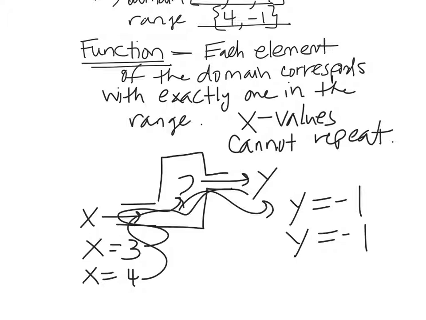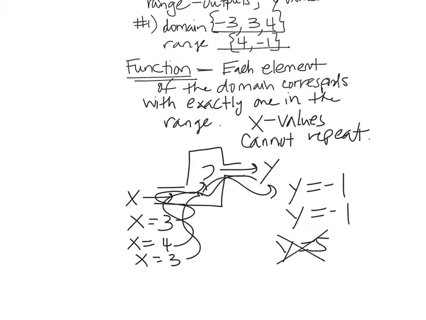But as soon as I have the same function and I decide to try 3 again, I plug in x equals 3 one more time, and it pops out as y equals 5. It's not a function anymore. You can't plug in a number and get -1, and then plug that same number back in and get 5 now. It can't change its mind. So that would be not a function.